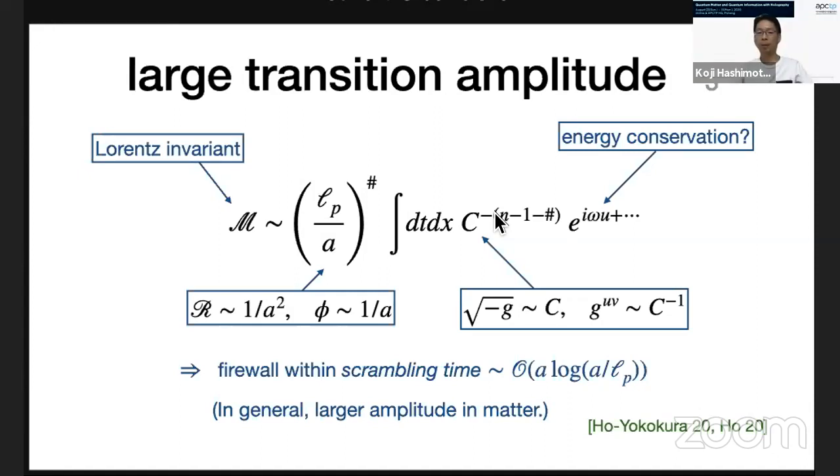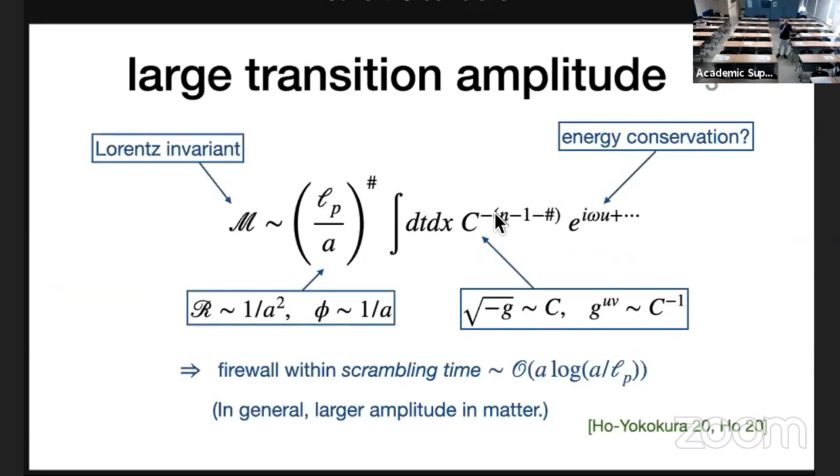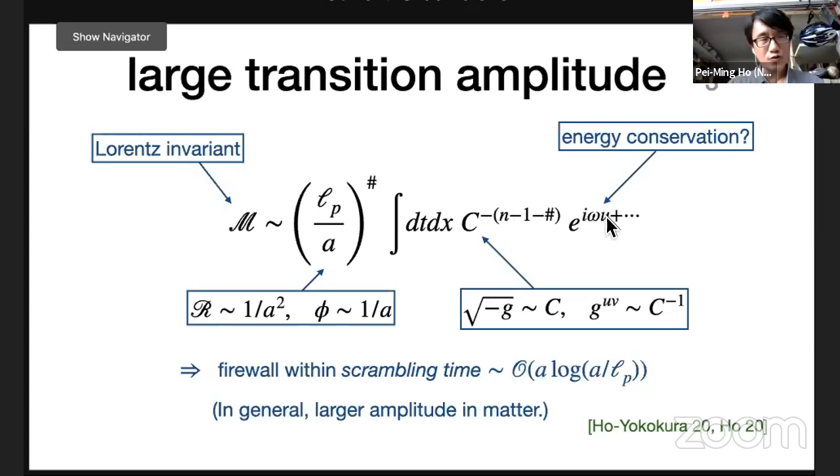I see. So is this the omega, which is finite? Yes. Finite to which observer? This is to the distant observer. So this is the Hawking radiation dominant frequency, so it's of order 1 over A. Right.